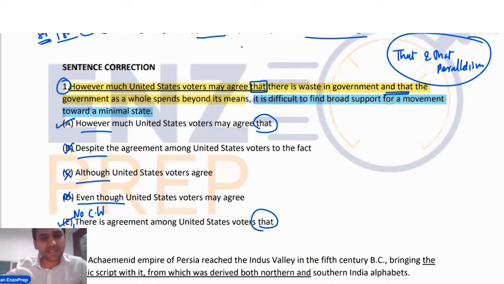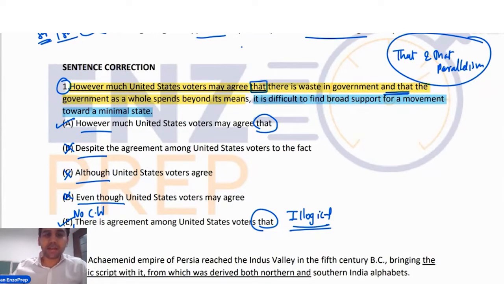These two activities are not complementary. If there had been a lot of agreement, then it should have been easier to find broad support, not more difficult. So option E is completely illogical in terms of meaning. It makes it seem because there is agreement, it is difficult to find broad support, and that makes no sense.